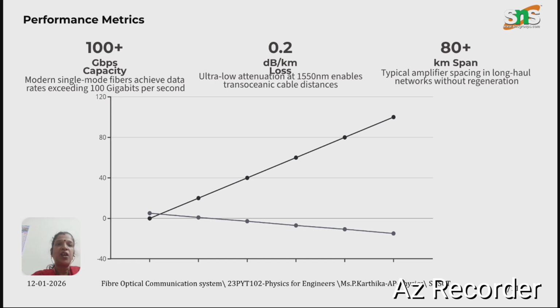The loss is 0.2 decibel per kilometer, and the span is 80 plus kilometers, which is the typical amplifier spacing in long haul networks without regeneration. These are the performance metrics.